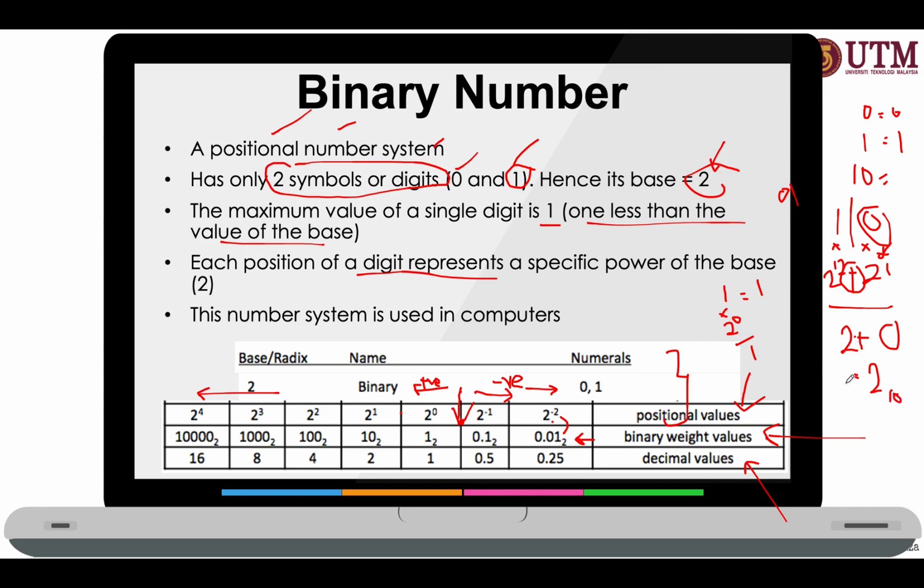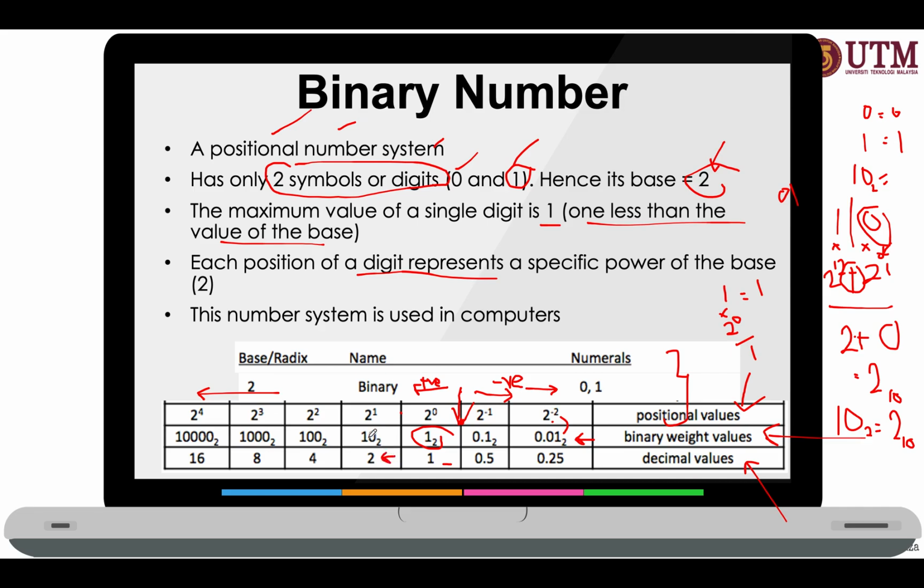So if let's say you have 10 over here, it should be binary, you will get 2 for the base decimals, also base 10. The same goes over here. You can see if you have 1 for your binary, you get 1 for decimal.